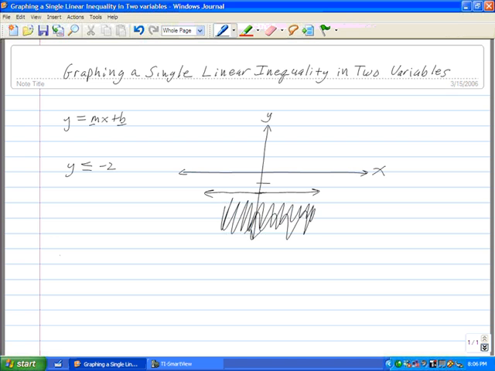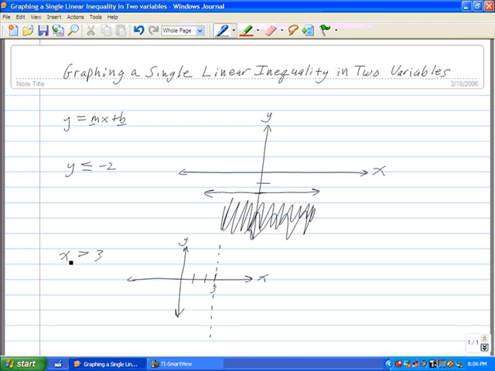Now if I had, though, x greater than 3, we all know that x equals 3 is going to be a vertical line through 3, but it didn't say or equal to. So I will make it dotted to show that points on the line are not included.